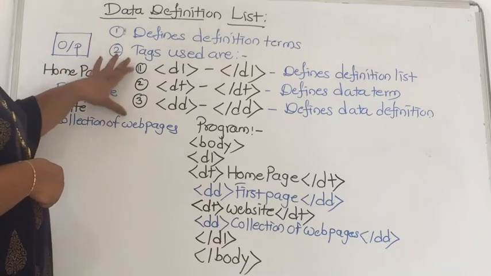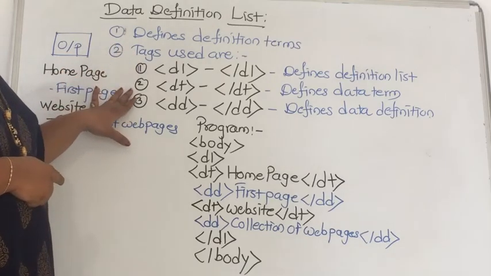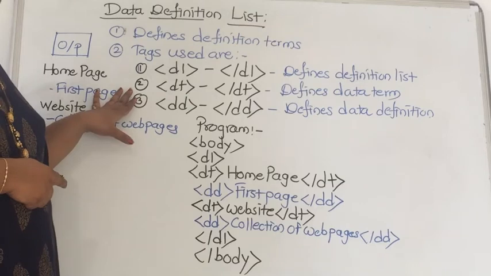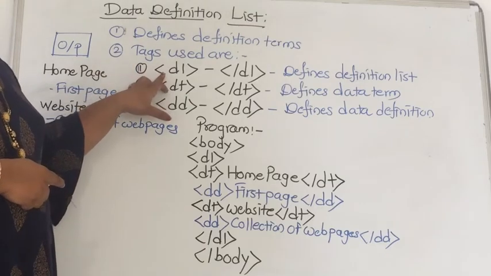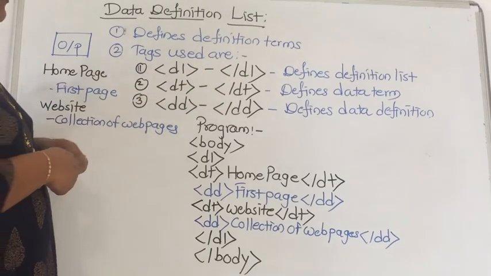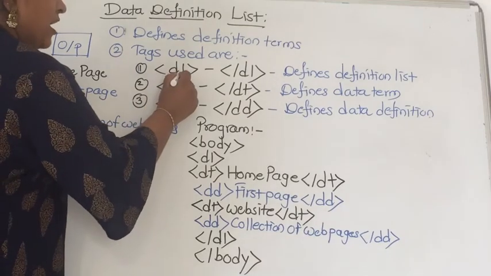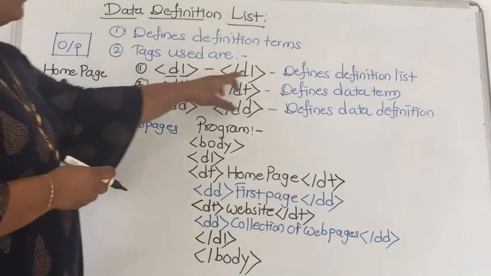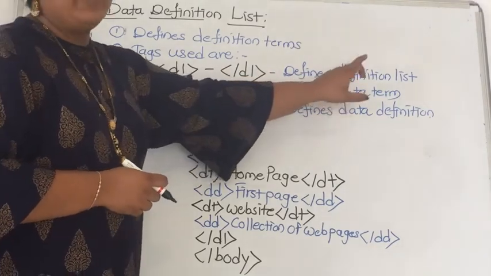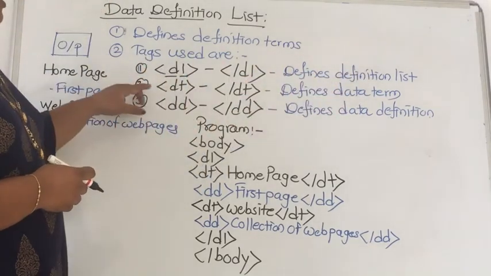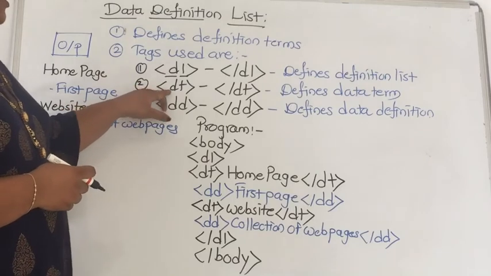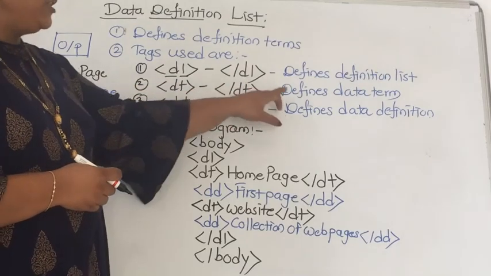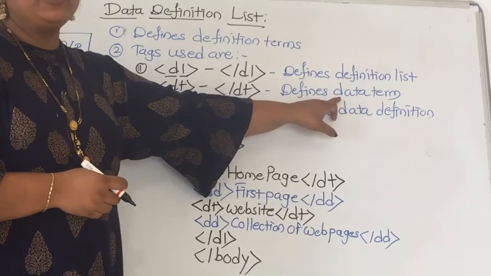Now for this, it is defined by three different tags. The first one is DL and /DL, which stands for definition list. So first it defines the definition list. Then after that DT and /DT, which defines the definition terms.